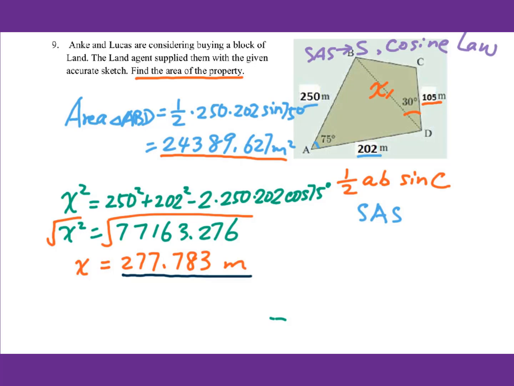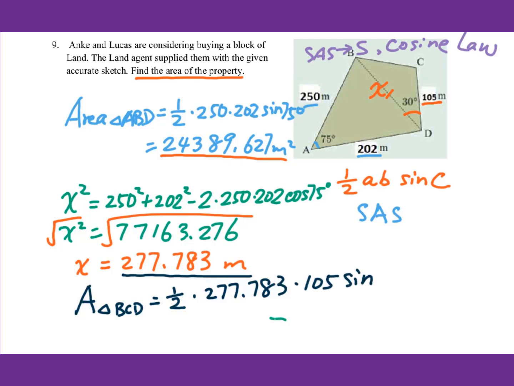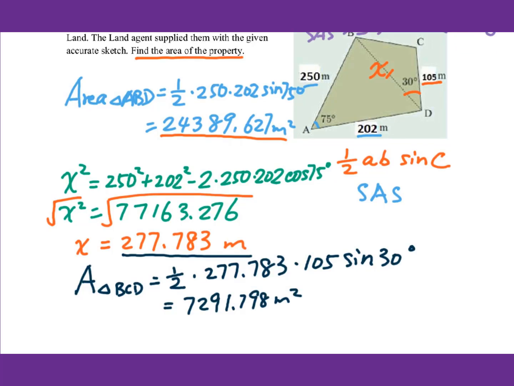277.783 meters. Therefore, the area of triangle BCD equals 1/2 times 277.783 times 105, then sine 30 degrees. You will get 7,291.798 meters squared.